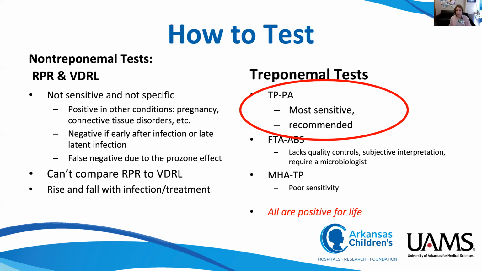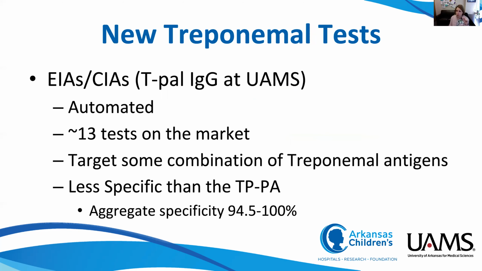All right, but there are these new treponemal tests that came out since I graduated from medical school. They're enzyme immunoassays or chemiluminescence assays. If you see them from UAMS, they call it a T-pal IgG usually on the results. These are automated, so they're real easy to do. They've got a really fast throughput.